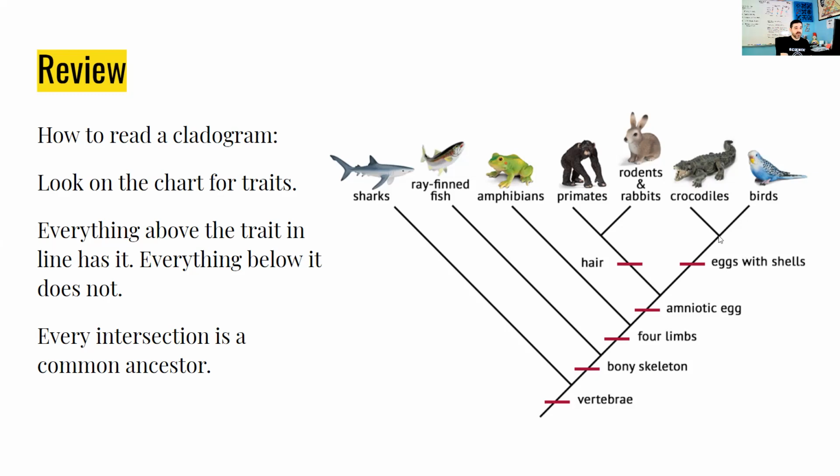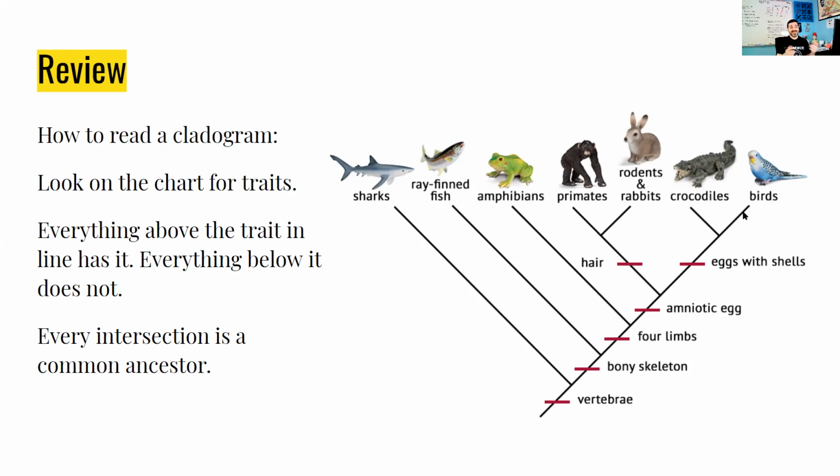And so we'll notice here crocodiles and birds share a more recent common ancestor than crocodiles and rabbits, because we have to come all the way down here to find the common ancestor that links crocodiles with primates or crocodiles with rodents and rabbits. Rodents and rabbits also share a more recent common ancestor with primates, right? Which is why you have this little branching off section here, than they do with crocodiles and birds.